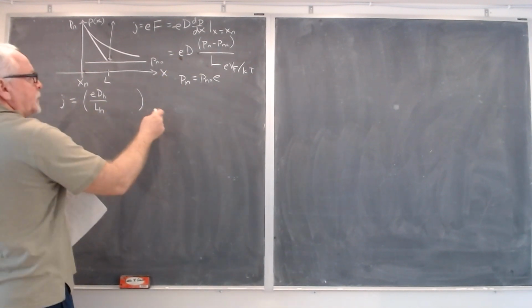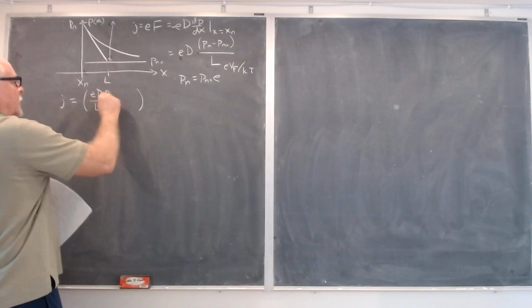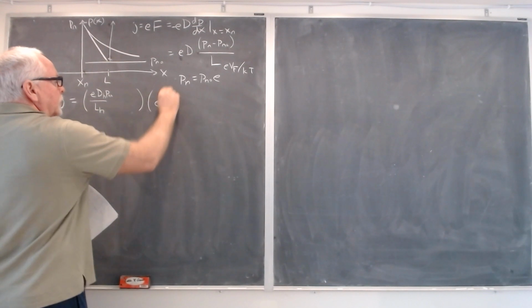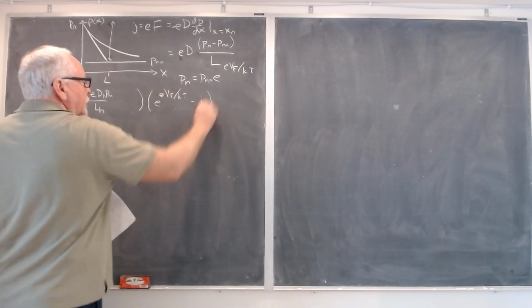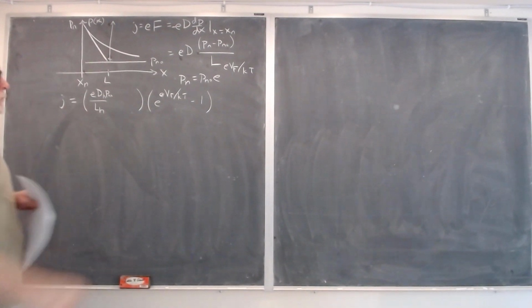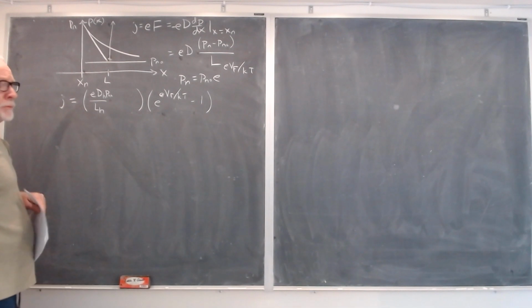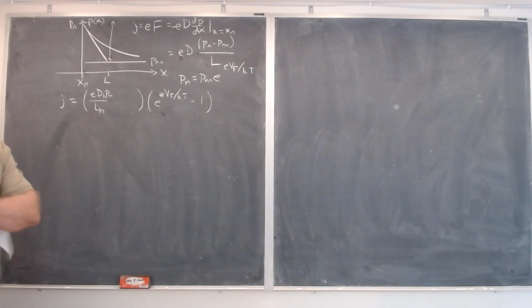And then Pn minus Pn0 is Pn0 times e to the e Vf over kT minus 1, where I've taken the Pn0 out. Okay, so go through that yourself, and that way you'll see that you can always derive this without really having to think about it too much.